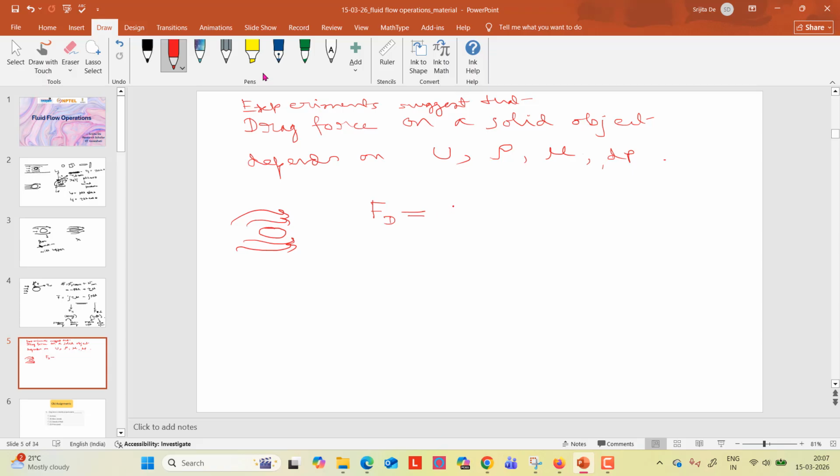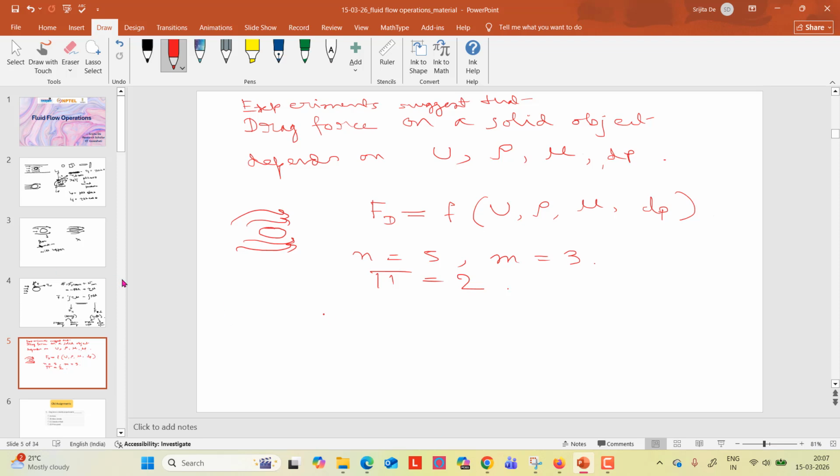Fd becomes a function of velocity, density, viscosity, and the particulate diameter. So n is 5 and m is 3, so there will be two pi numbers.